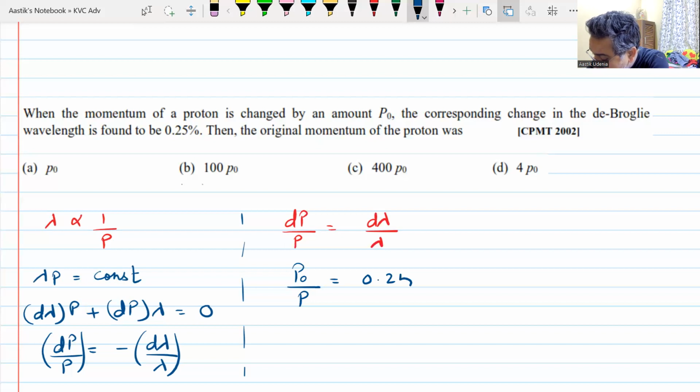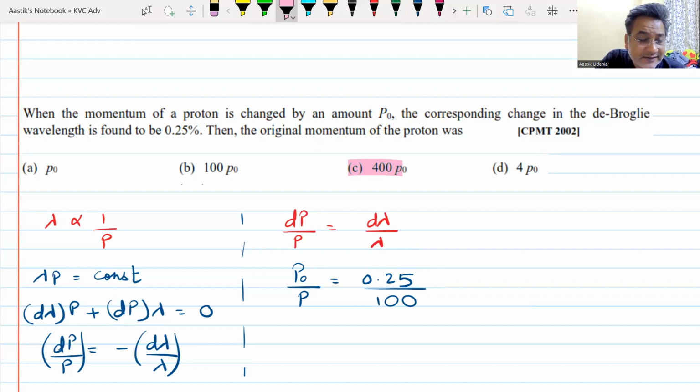So it will be 0.25%. So it is percent, so it is divided by 100. Yes or no? Yes, sir. From here, you should be getting the value of P as 400 P naught, and that is the answer that we are looking at. Do we understand this? Yes, sir.